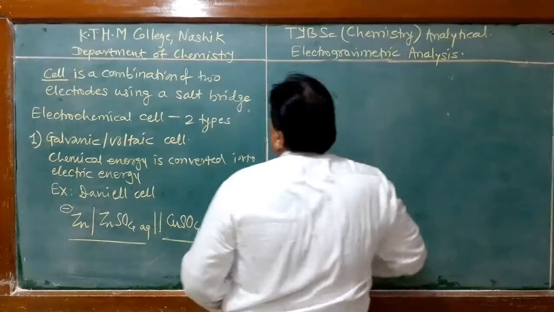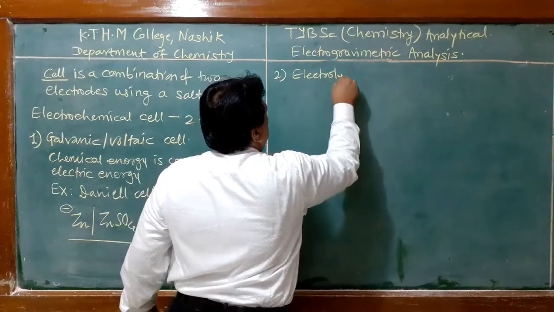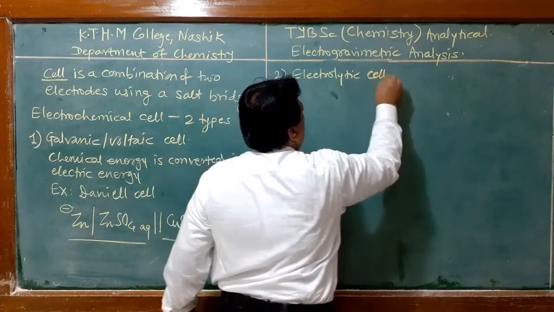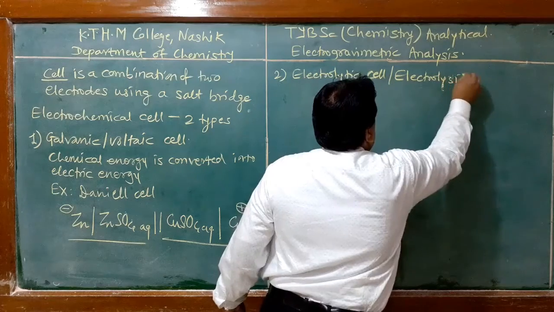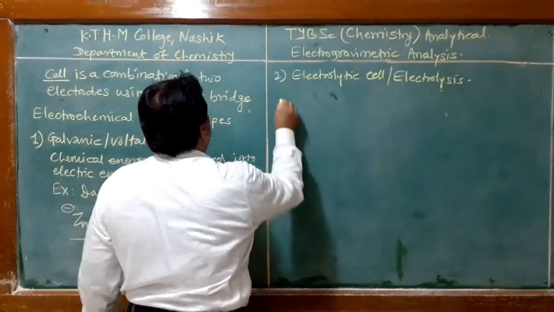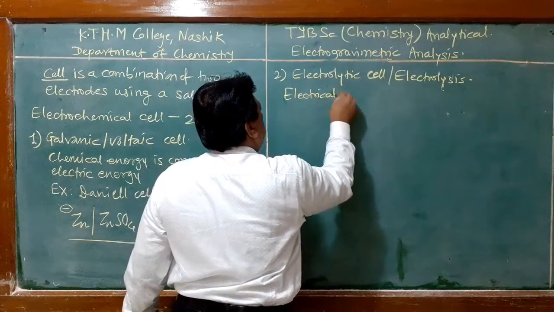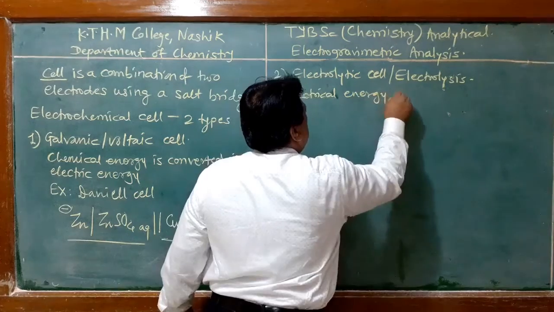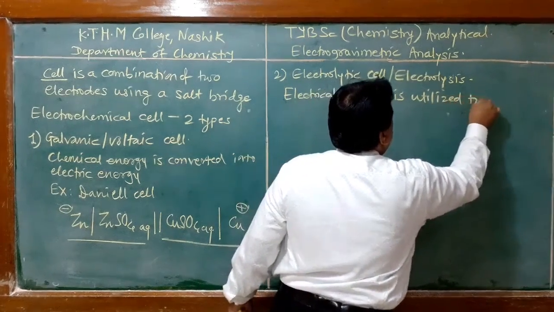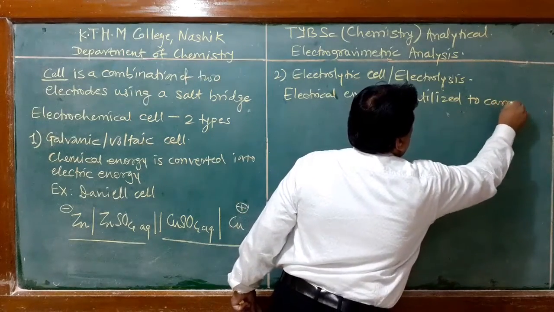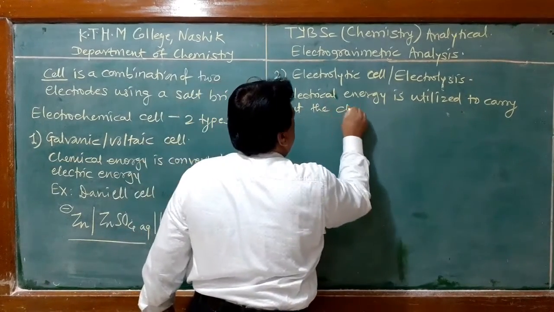Students, the second type of cell is called an electrolytic cell, or electrolysis cell. Here in the electrolysis cell, electrical energy is utilized to carry out a chemical reaction or chemical change.